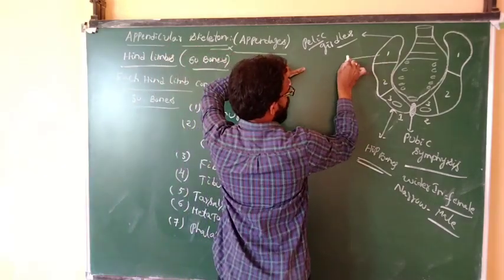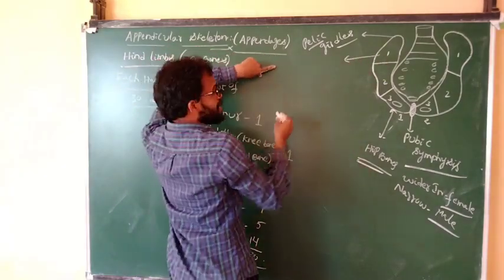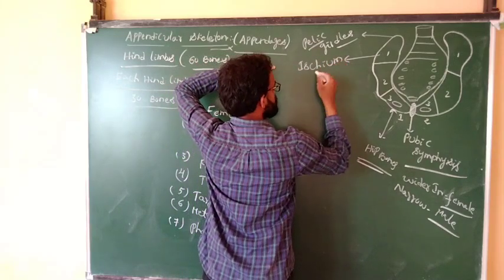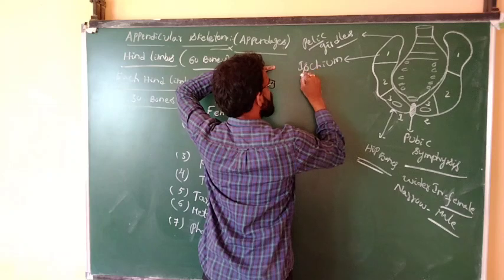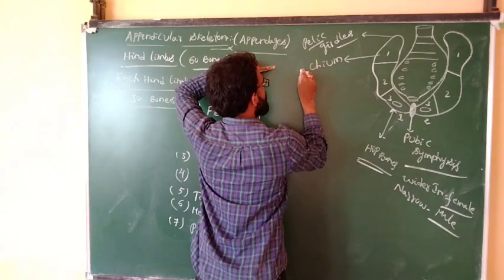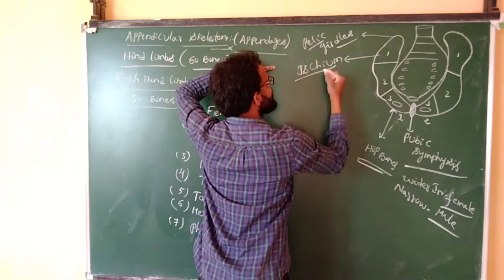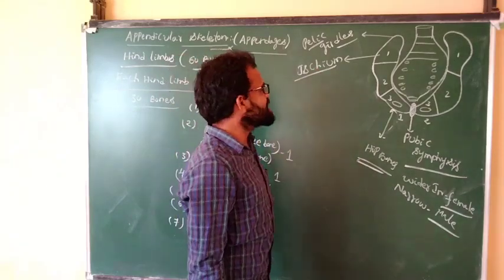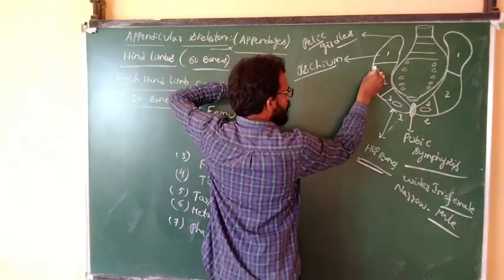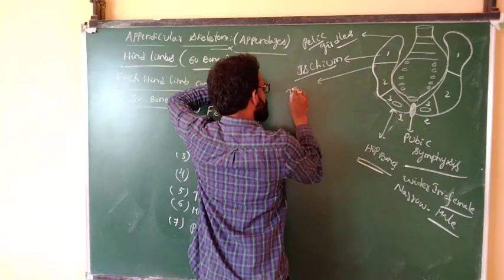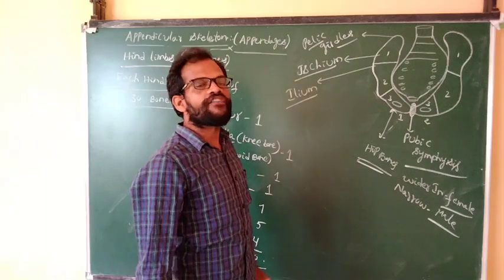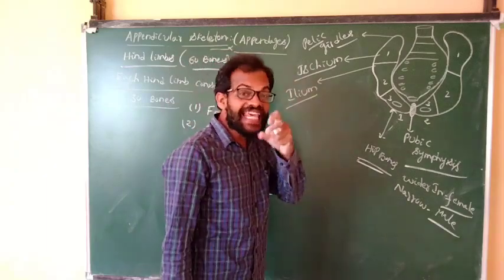The first part of the pelvic girdle is known as the ischium. The second part is known as the ileum.